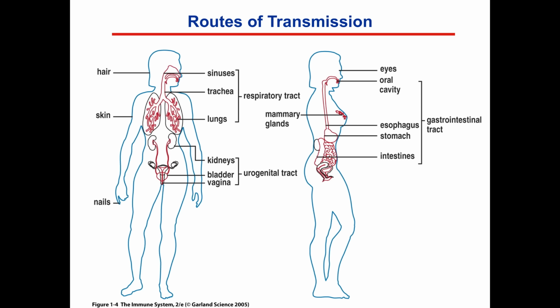Now, these agents need to get into your body in order to reproduce. And there are a number of ways that bacteria and viruses can be taken up by your body. These are referred to as routes of transmission.